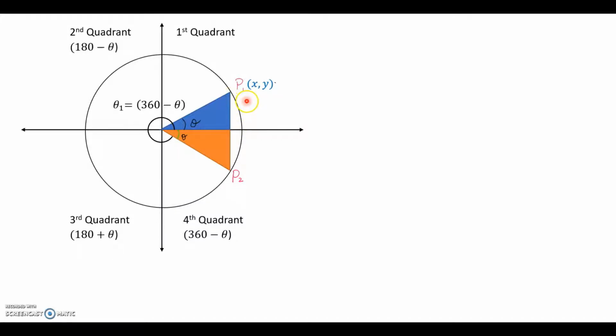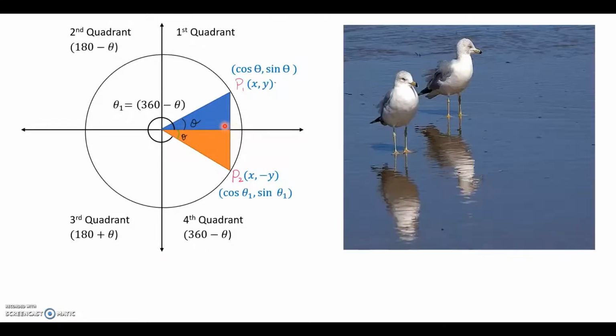Since they are equal in dimension, this point P2 will be x comma minus y. It will be a negative y because it falls on the fourth quadrant where the y value is negative, whereas the x value is still positive. What does this mean? Let's see an illustration. We'll come back to this cos theta and sin theta in a while.